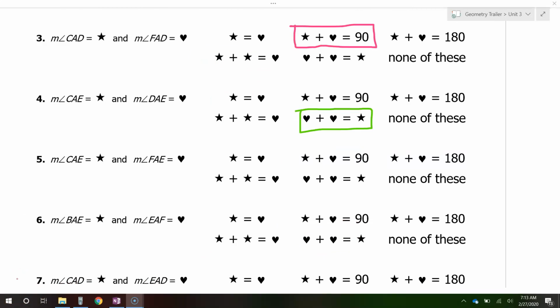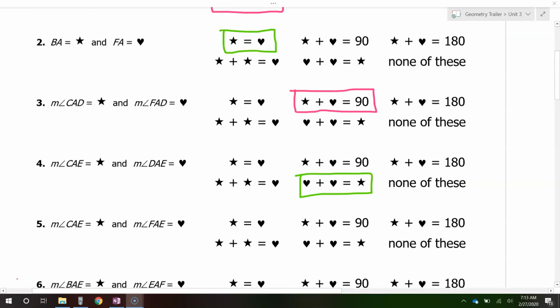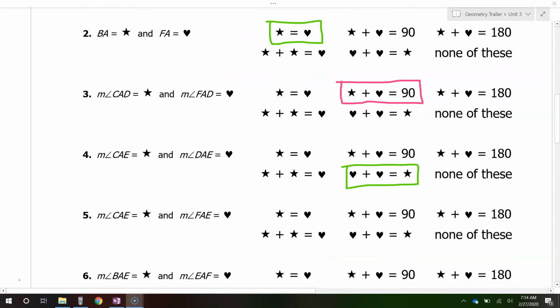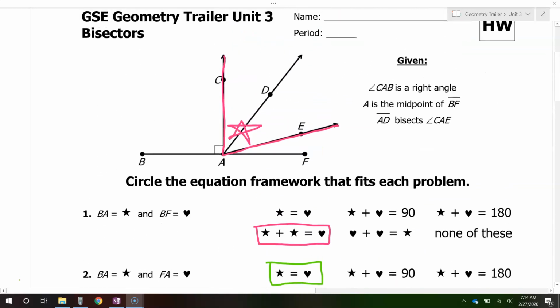All right, number 5, angle CAE. That's going to be star. And then we have angle FAE will be the heart. So FAE is this down here. All right, again, these are not equal to each other.